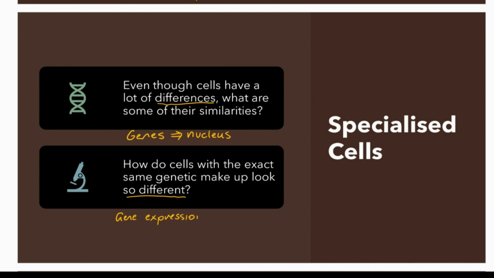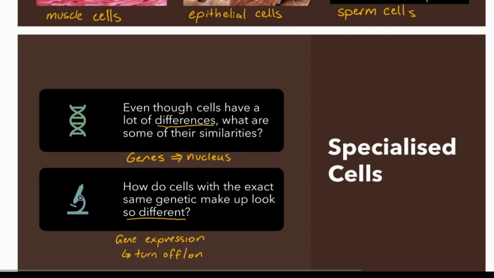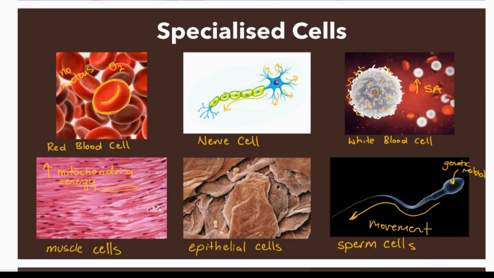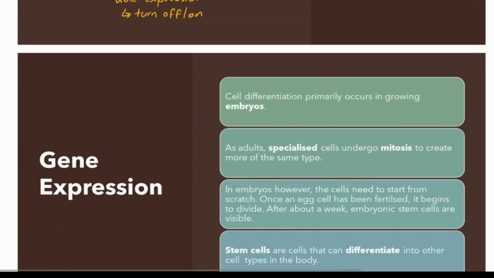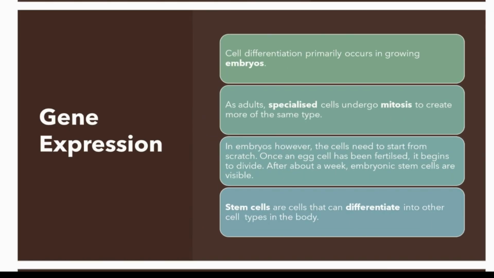What this means is that the genes within these cells have the ability to turn themselves off and on. They choose which genes to express. And through those expressed genes, we have all of these different types of structures within our cells and our body. So gene expression is very important.